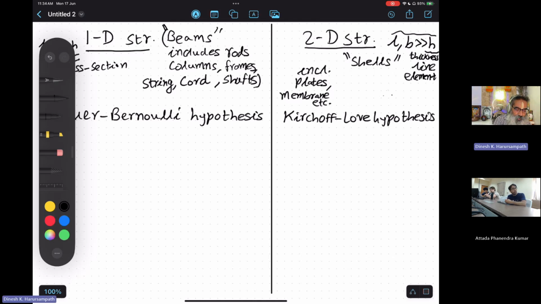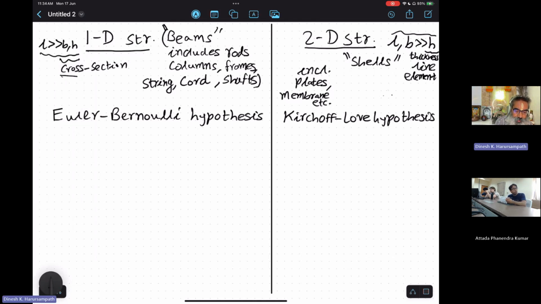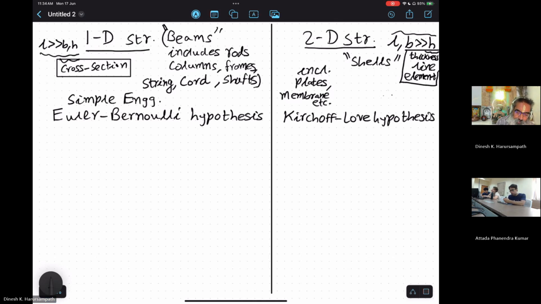So equivalent of the cross section that we saw over here is the thickness line element. So whatever approximations were made in the simple engineering beam theory are made in what is known as the classical plate theory.